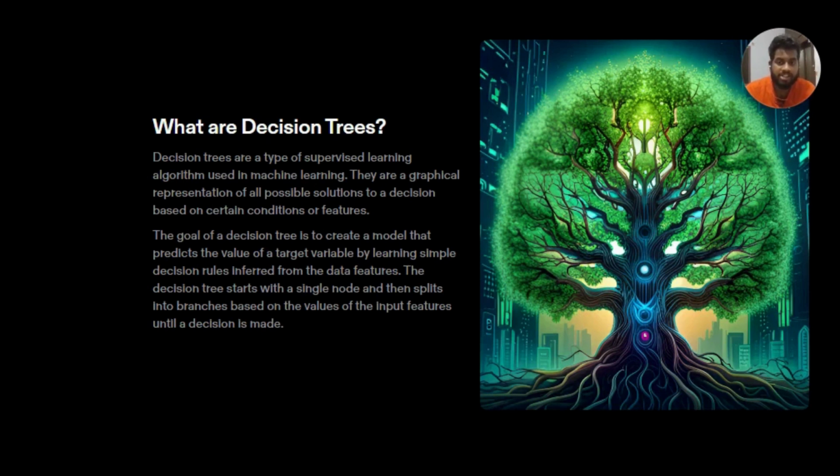The goal of a decision tree is to create a model that predicts the value of a target variable by learning simple decision rules inferred from the data features. The decision tree starts with a single node and then splits into branches based on the value of input features until a decision is made.